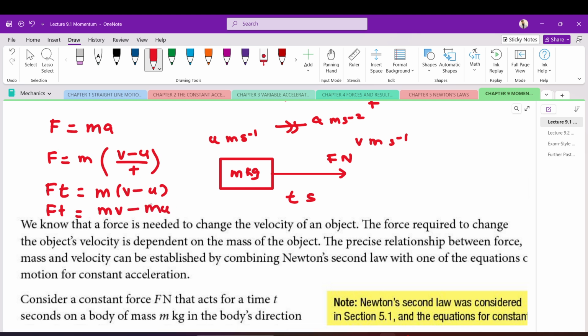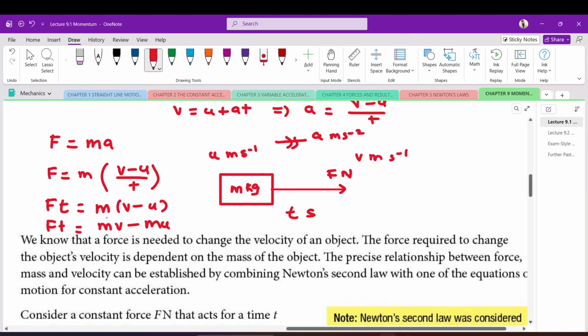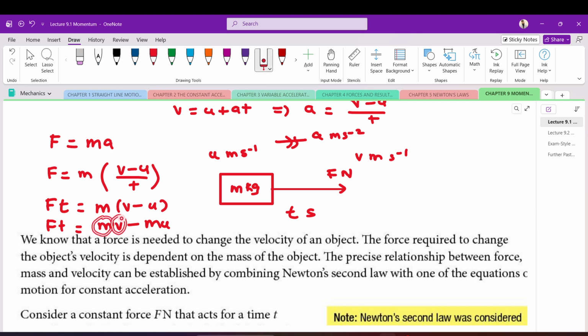All right, now what do we mean by that? We just saw that momentum is the product of mass and velocity. So here we have mass times final velocity, and here we have mass times initial velocity. So the right hand side of this equation tells us the change in momentum. If momentum is represented by p, then p is equal to mv.